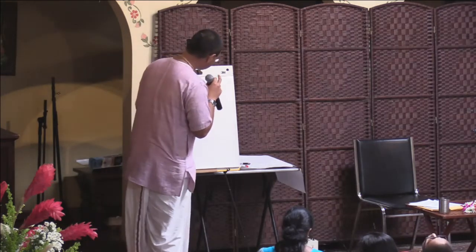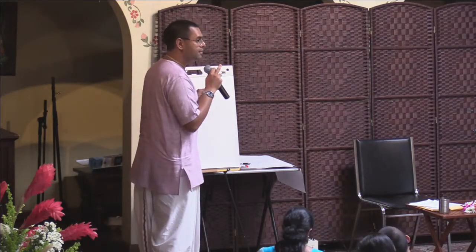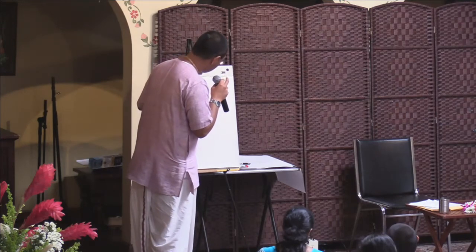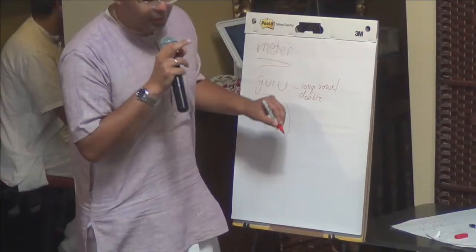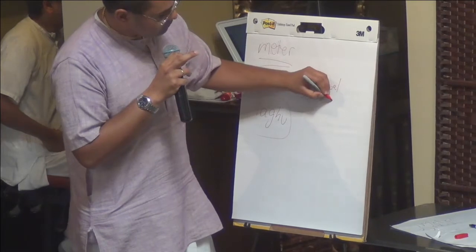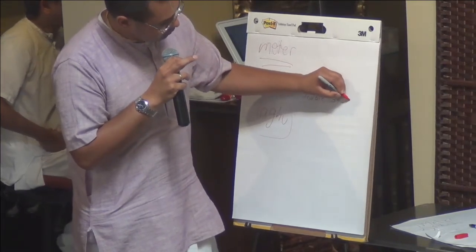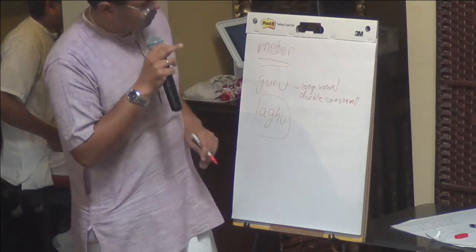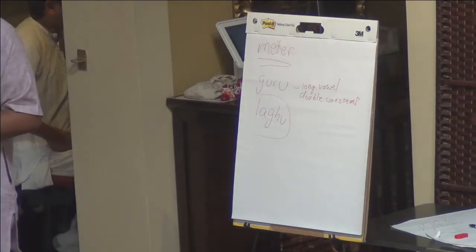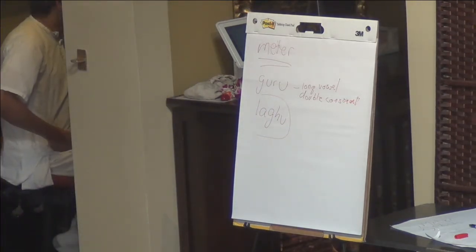So if any syllable has a long vowel, it's automatically guru. Or if its vowel is followed by a double consonant. So even though the vowel may be short, if it's followed by a double consonant, it becomes guru.